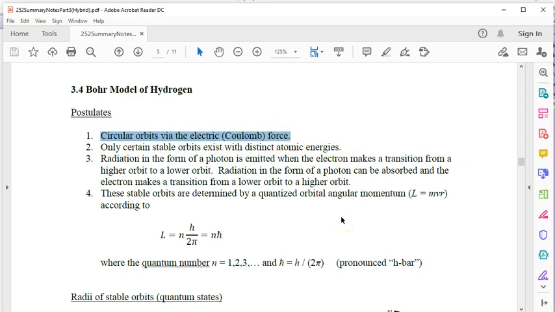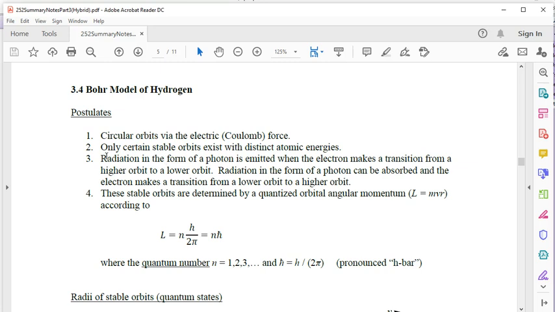So you have a circular orbit, and the electric force, also known as the Coulomb force, is providing the centripetal force.